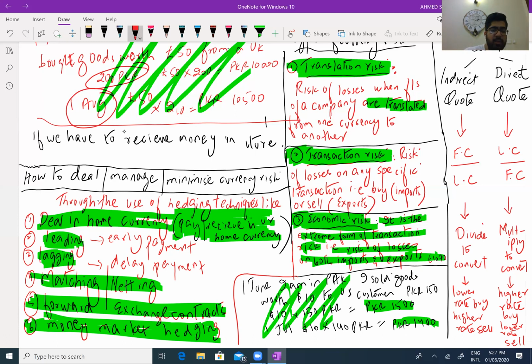The fourth technique is called matching or netting. Matching or netting is to offset receipt and payment.